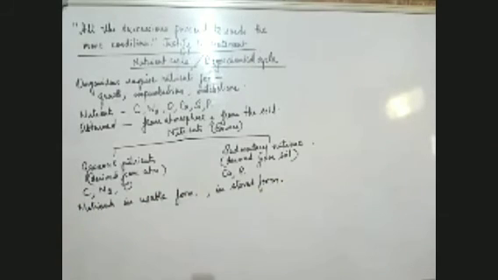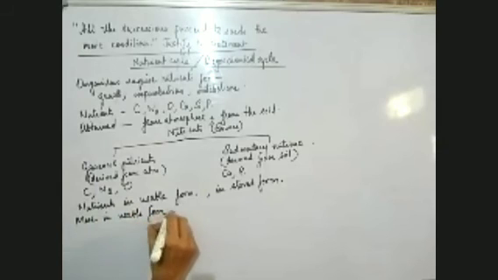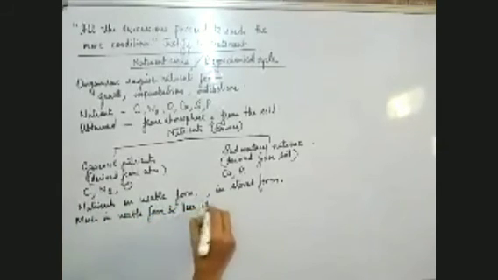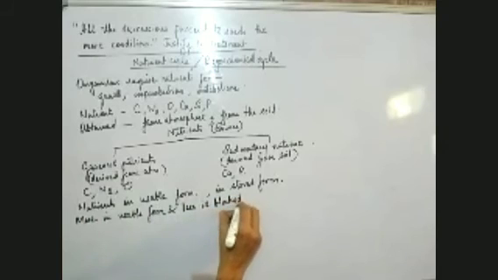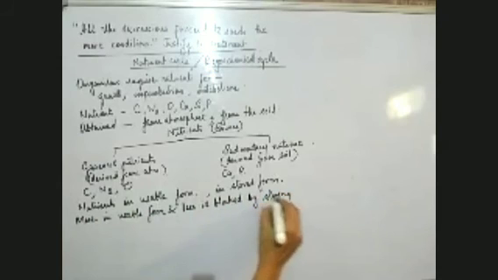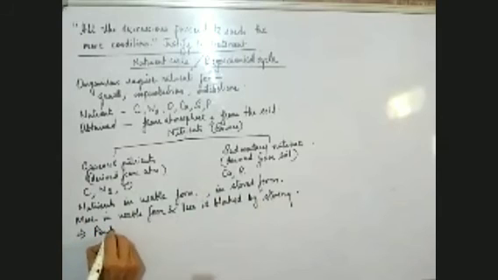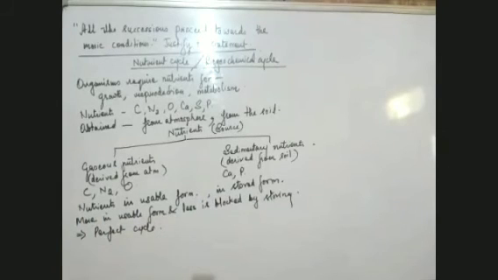If more of the nutrient is in usable form and less is blocked by storing, then such a cycle is called a perfect cycle.